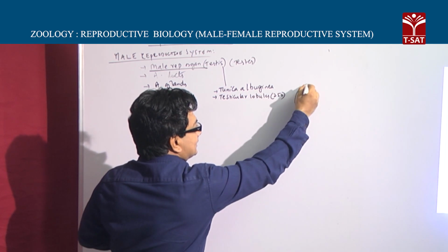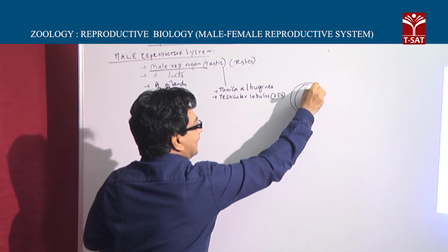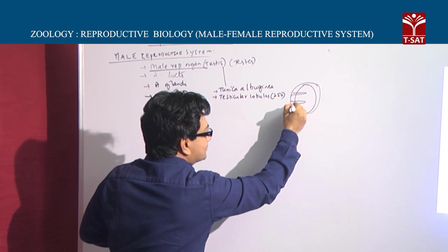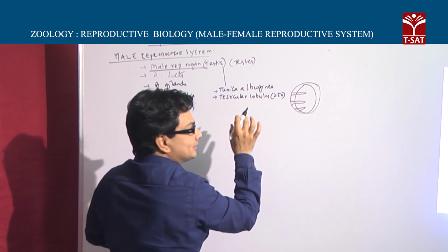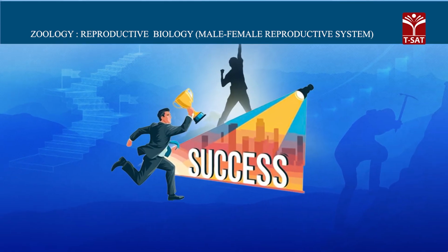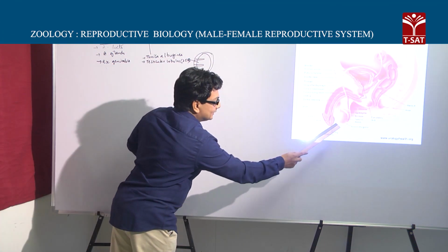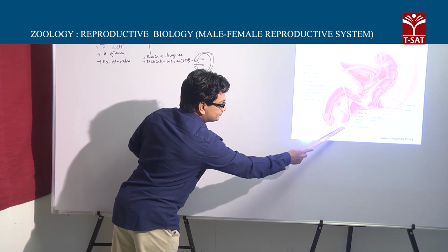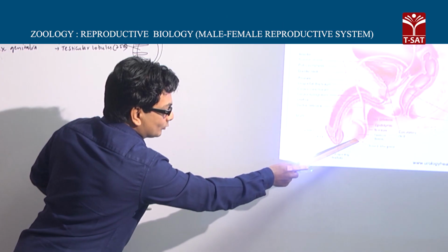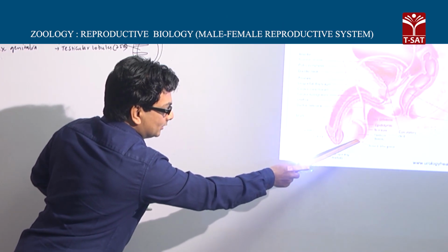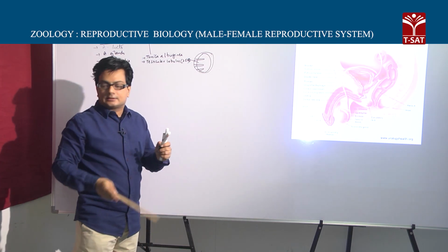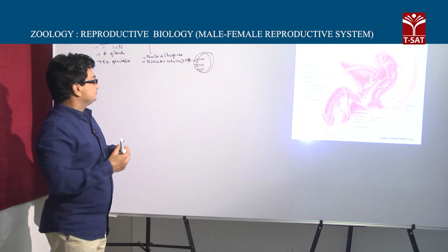Suppose this is the testis covered by the tunica albuginea, and this will move inside like this to form the septum, dividing the testis into lobules. This is what is called the testicular lobule. In the picture here, you can see the scrotum and this one is the testis, and we can call it an extra-abdominal testis, with temperature 2 to 2.5 degrees centigrade lesser than the body temperature.